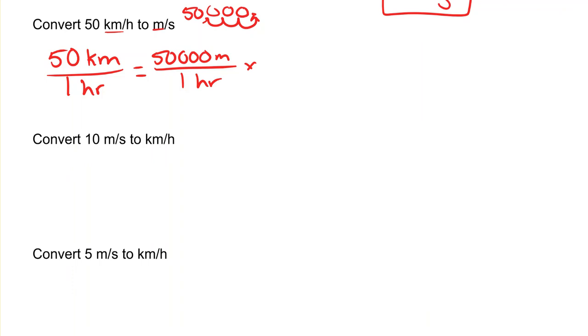Now in the second step, let's turn hours into seconds. So we've got to put hours on the opposite side and put seconds on the bottom, because remember, meters per second is really meters over seconds. We want seconds in the bottom. So how many seconds are in an hour?